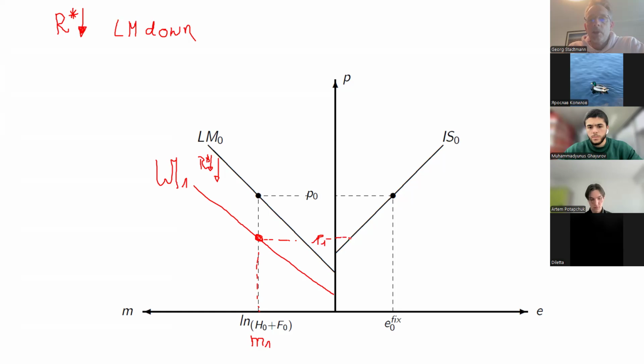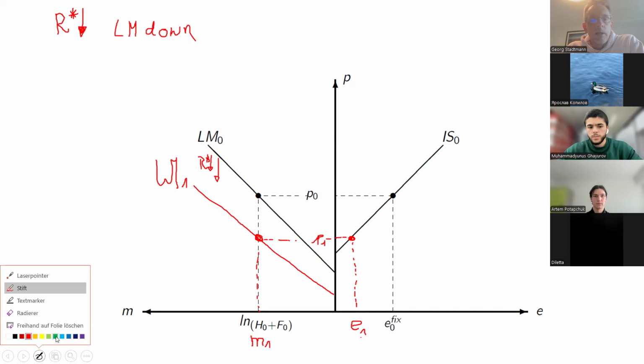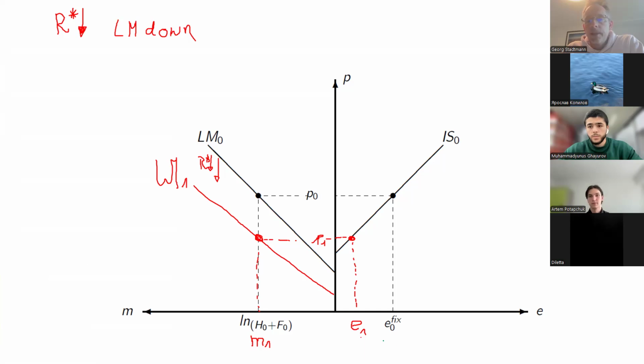We are hitting the IS curve in this dot. So we know the exchange rate is equal to E1. So in a floating exchange rate system, an appreciation of the domestic currency would occur. The exchange rate decreases.